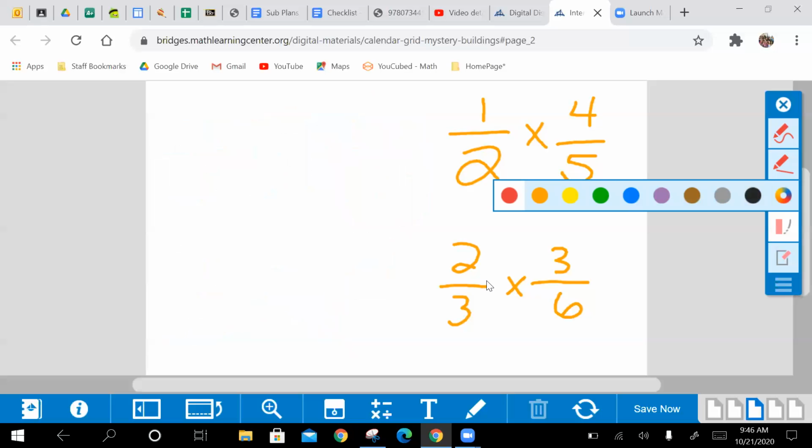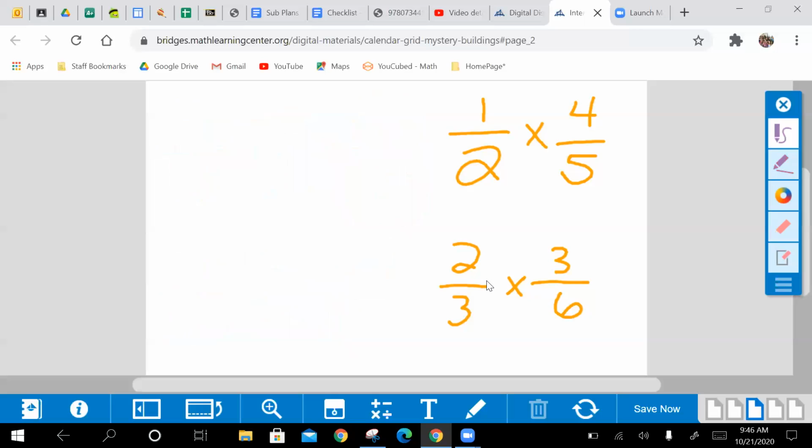And let's use purple. So we're going to multiply the numerator times numerator, which is 4 times 1. And then the denominator times the denominator straight across, which is 5 times 2, and that's 10.